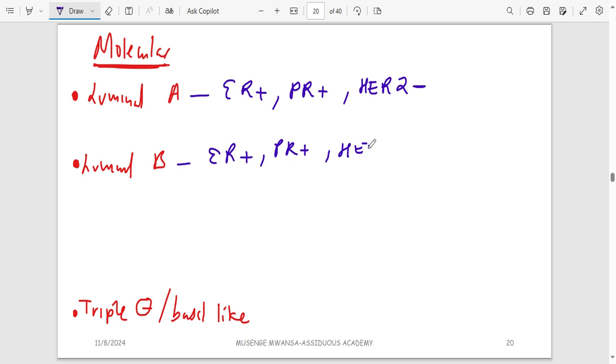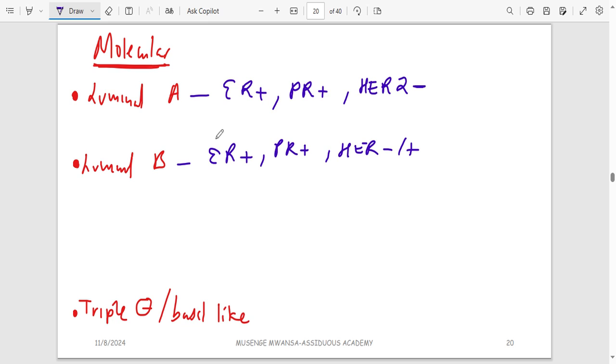Now the HER2 receptor can either be positive or negative, depending. For the triple negative, even from the word, all the receptors are negative. It's also known as basal-like.